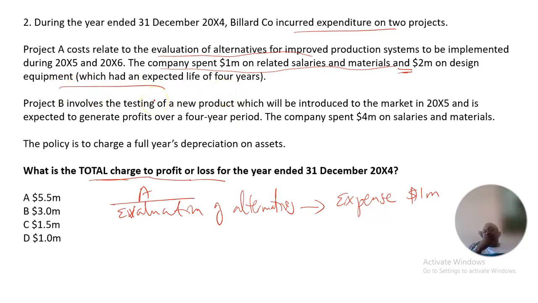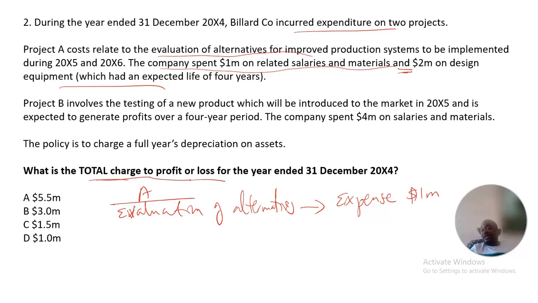You know, the wording of the examiner, if you're not careful, you might think that the design equipment was also part of the evaluation of alternatives for improved production systems. But we don't have that evidence based on the facts given by the question.